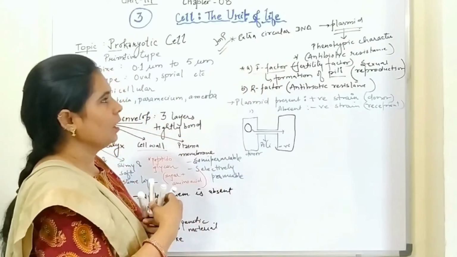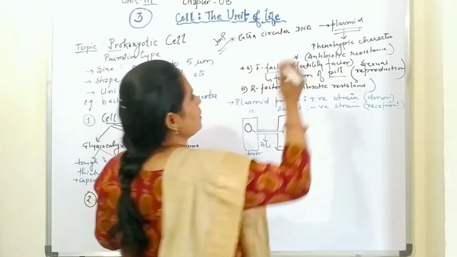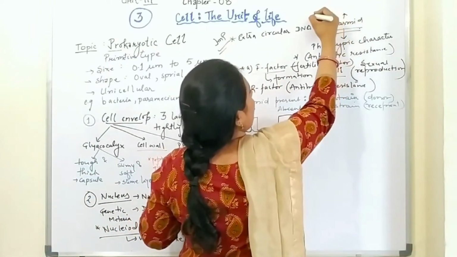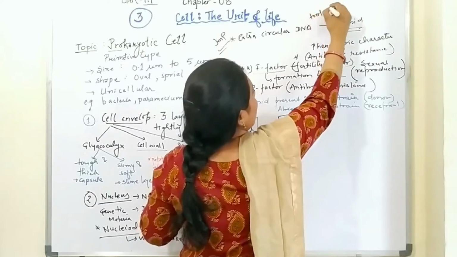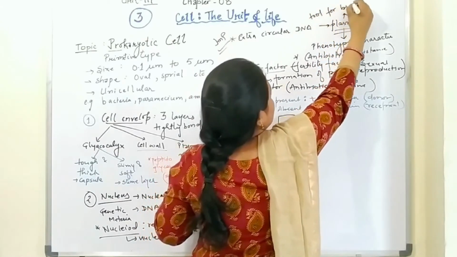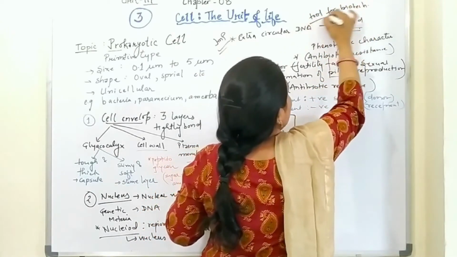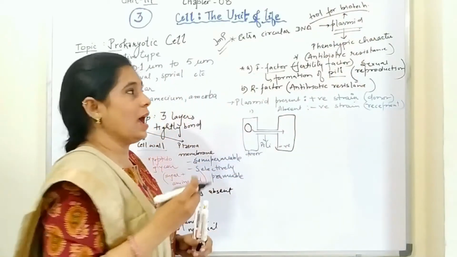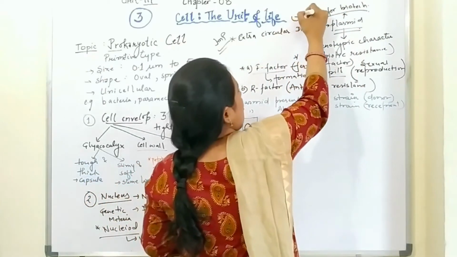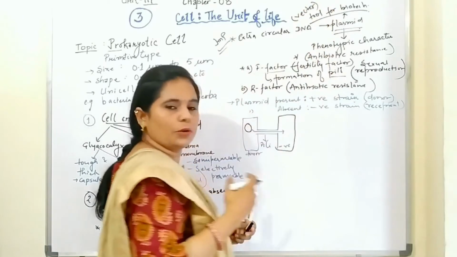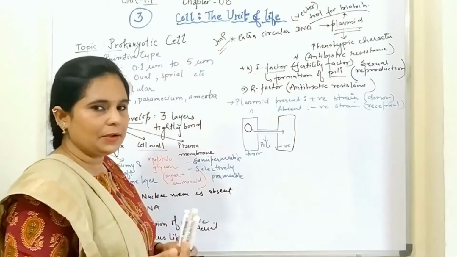plasmid is clear, and the next important thing is that plasmid is a very important tool for biotechnology. ठीक है, बायोटेक्नोलॉजी में हम प्लाज्मिड को एज अ टूल यूज करते हैं, एज अ वेक्टर यूज करते हैं, दैट यू आर गोइंग टू स्टडी इन स्टैंडर्ड 12th.